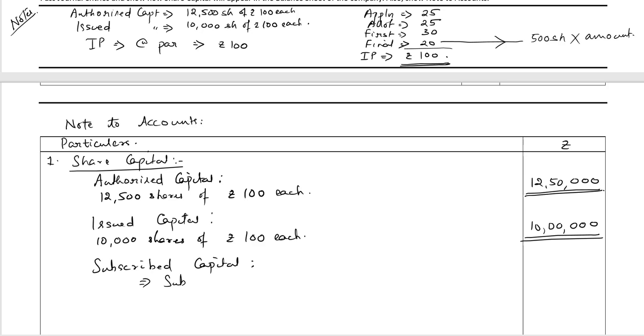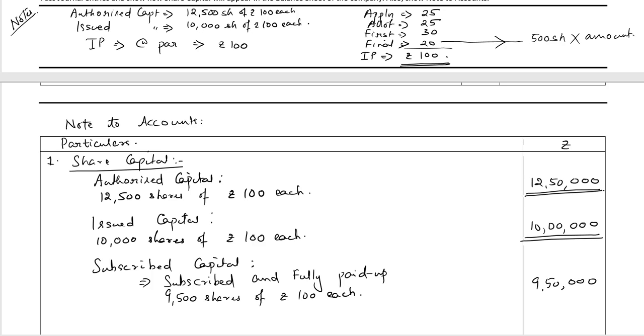So subscribed and fully paid up, 9,500 shares of rupees 100 each, 9,50,000 rupees.